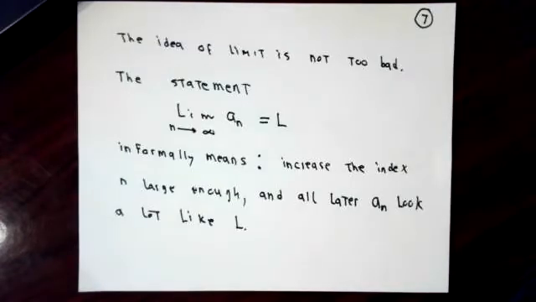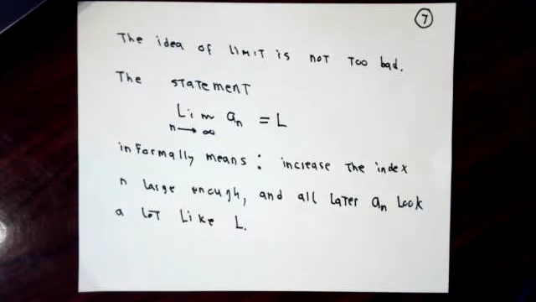For these sequence functions, the idea of limit as n approaches 3 of a sub n doesn't make any sense. Neither does limit as n approaches any particular finite number of a sub n. But what we can do is this. We can at least look at the long-term behavior of these a sub n numbers.